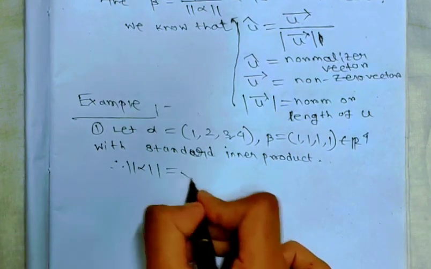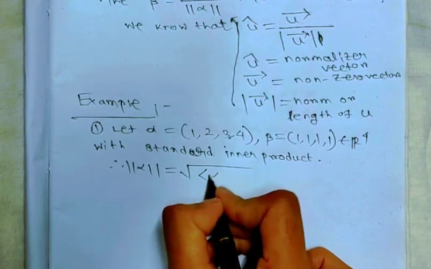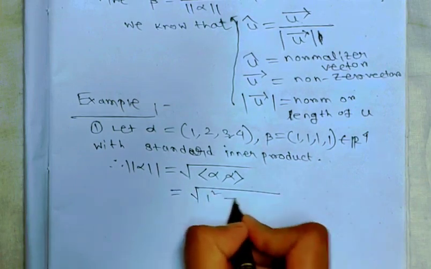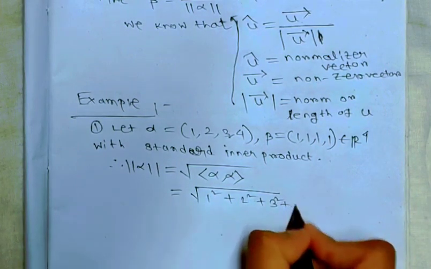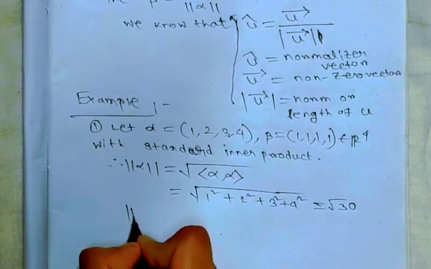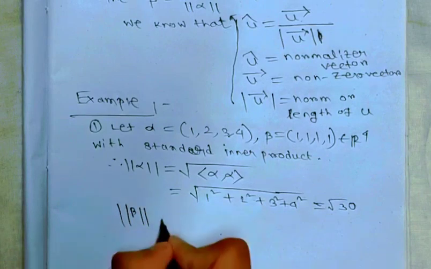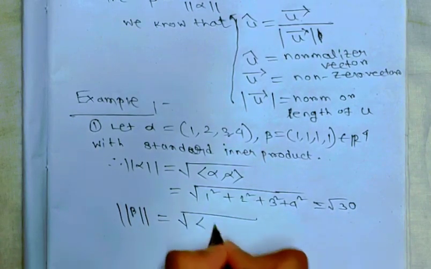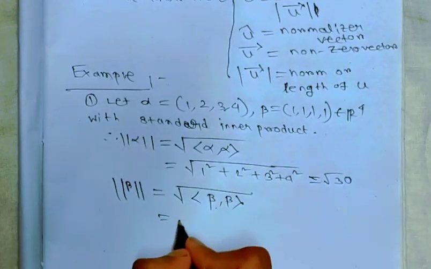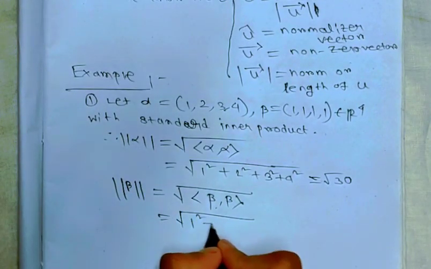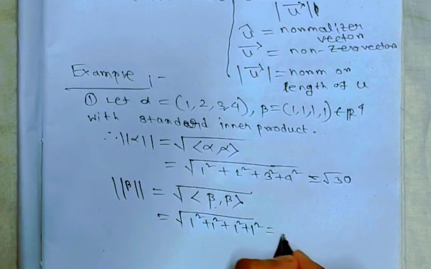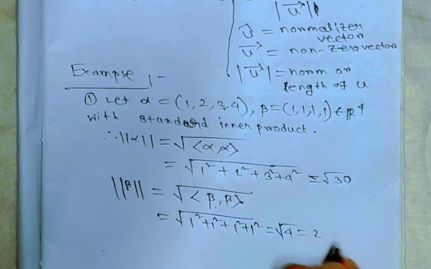Norm alpha is root over inner product of alpha, which equals root over 1 square plus 2 square plus 3 square plus 4 square, equals root 30. Similarly, norm beta equals root over inner product of beta, which equals root over 1 square plus 1 square plus 1 square plus 1 square, equals root 4, equals 2.